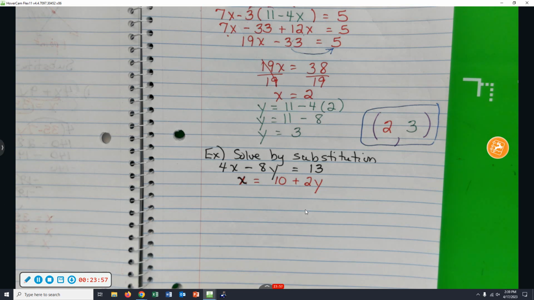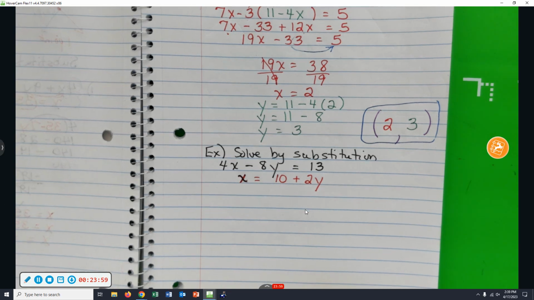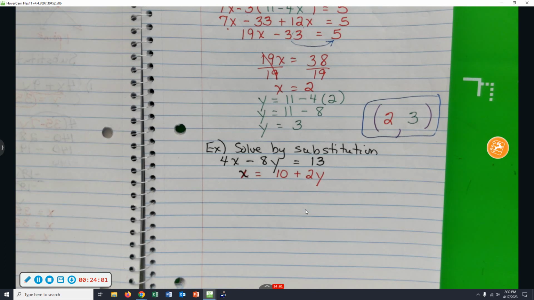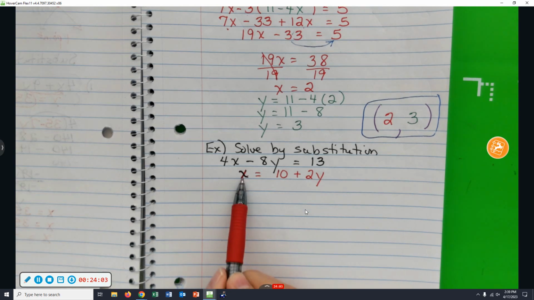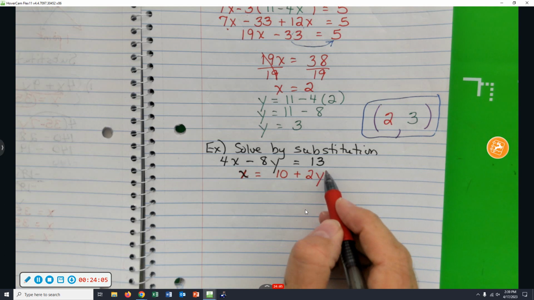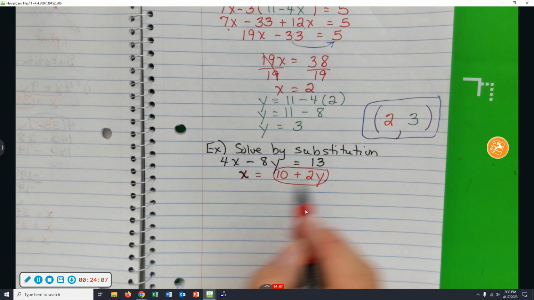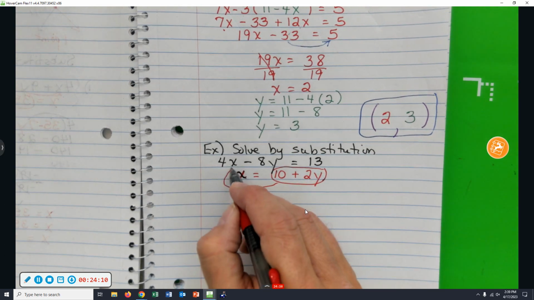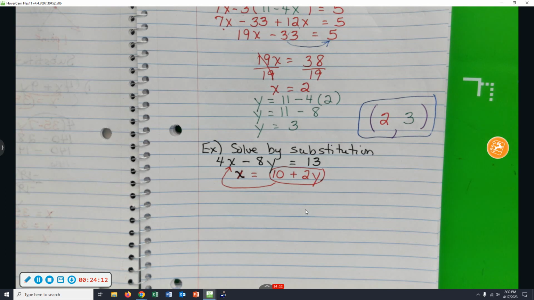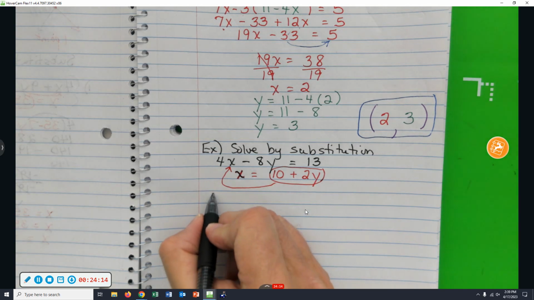It looks like a pretty straightforward substitution. Well, how would y'all substitute? Put the 10 plus 2y, since it says x equals, right there in place of that x.